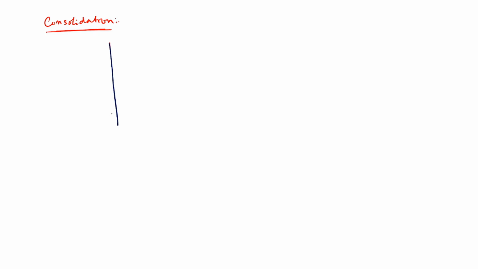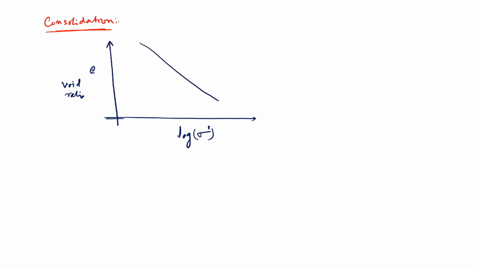If you draw a graph between void ratio versus log sigma, where sigma is effective vertical stress, you will get a negatively sloped straight line, because you are taking it in terms of log, so this is a semi-log graph. If you take the slope of that graph, this slope is Cc.